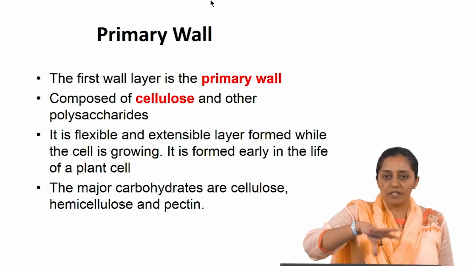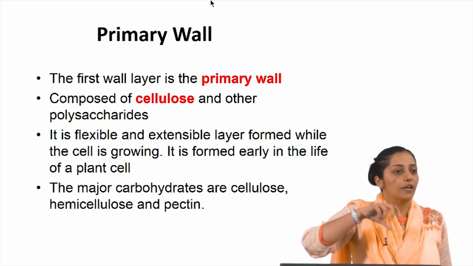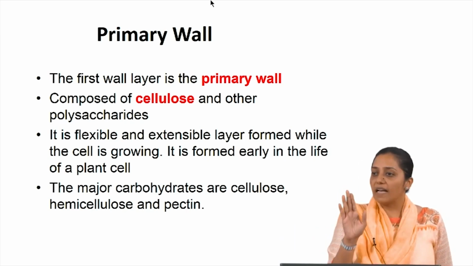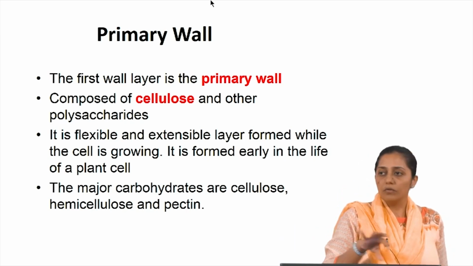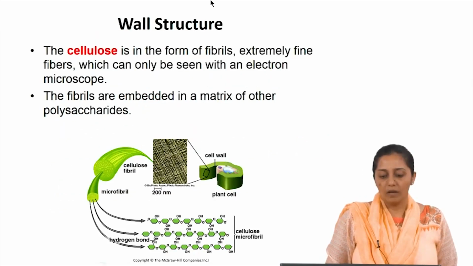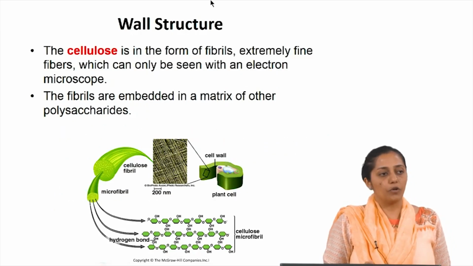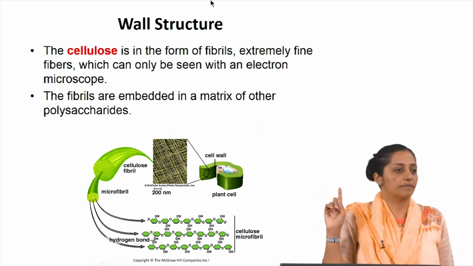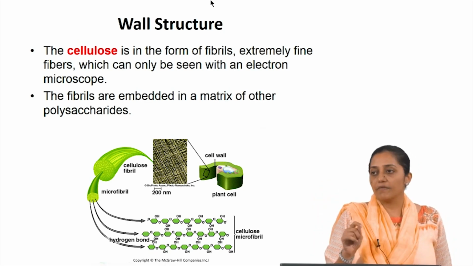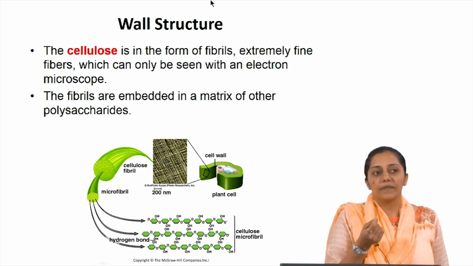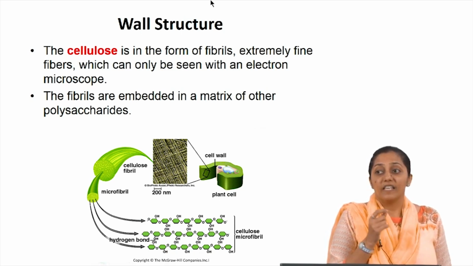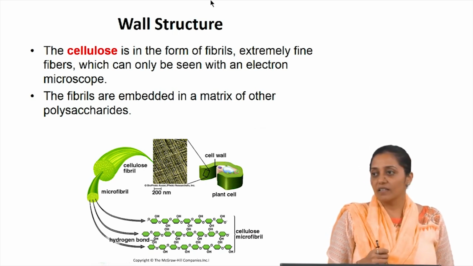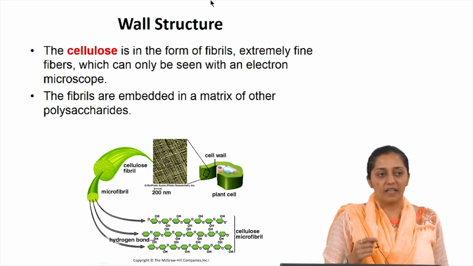The cells are flexible to increase in size, to stretch, to become elongated. So the primary cell wall is more flexible in nature. I have already spoken about the major carbohydrates in the primary cell wall. Cellulose under SEM looks like this. Complex fibrous, like if you have seen linen fibers or flax, your fabrics there.